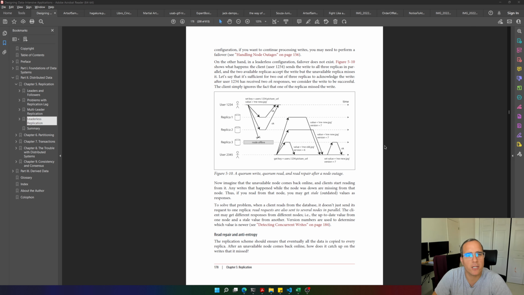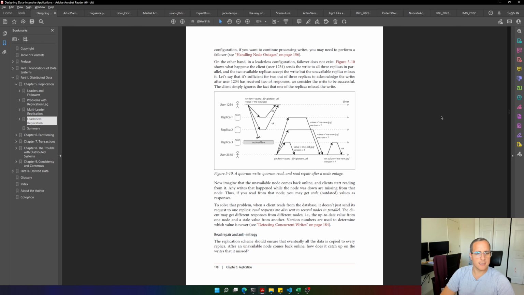The client simply ignores the fact that one of the replicas missed the write. Now imagine that the unavailable node comes back online and clients start reading from it. Any writes that happened while the node was down are missing from that node. Thus, if you read from that node, you may get stale, outdated values as responses.